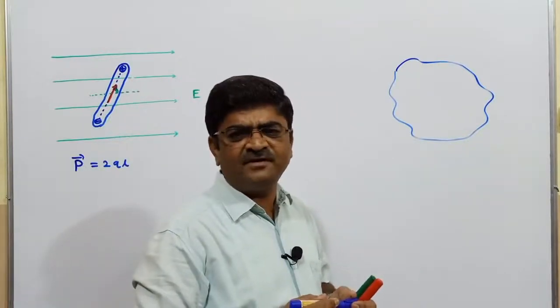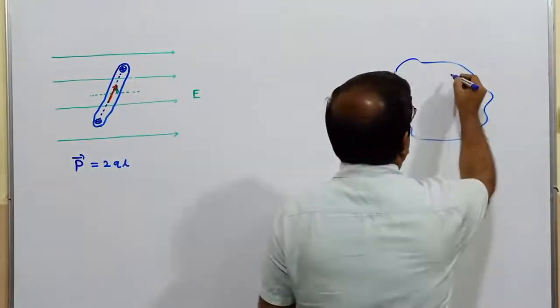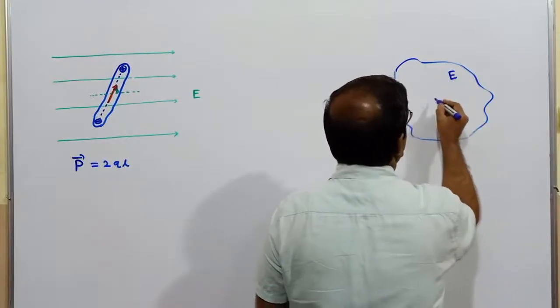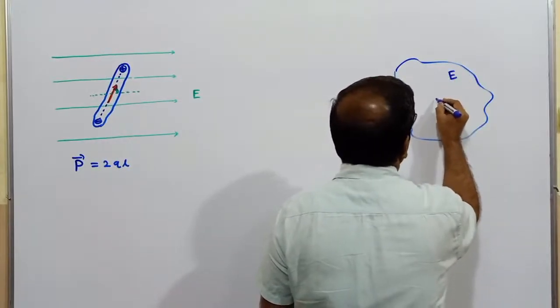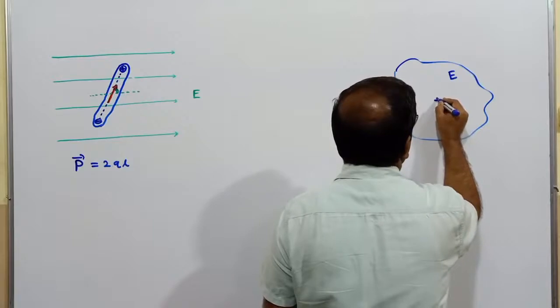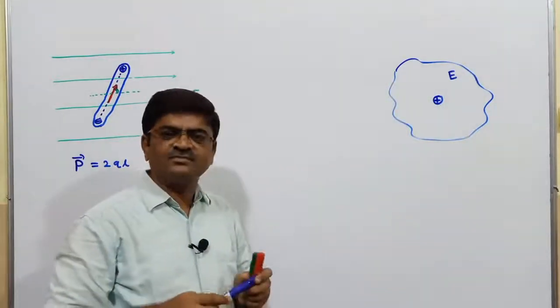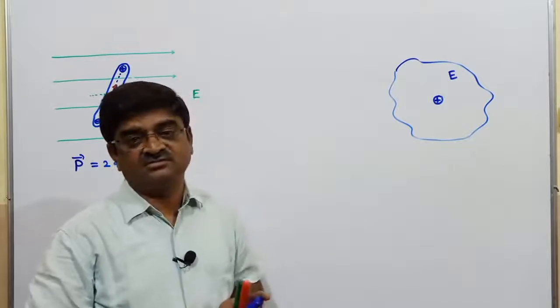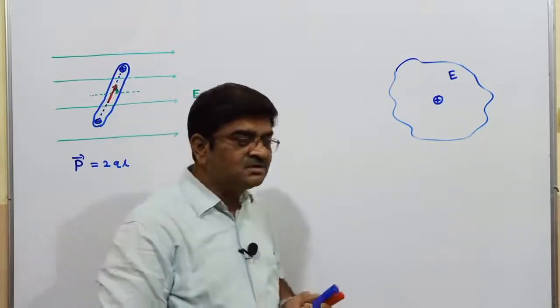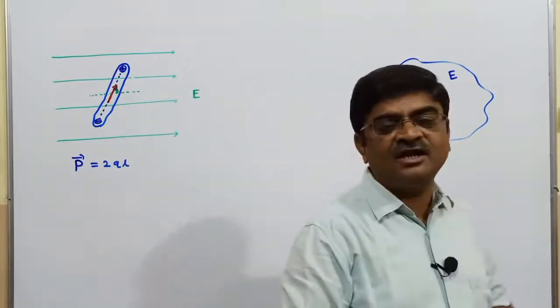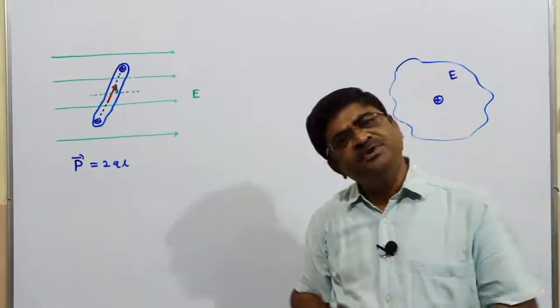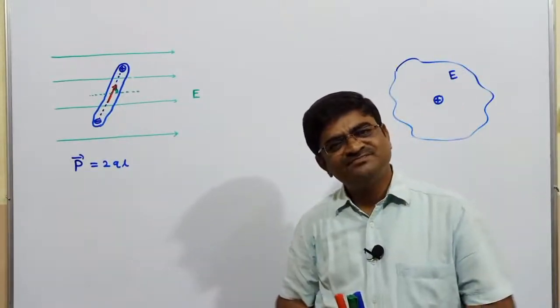In this electric field of intensity E, let us say I have one charge arranged. This is a charge which I am going to keep in the electric field. Remember, children, whenever a charge is placed in an electric field, it experiences force.